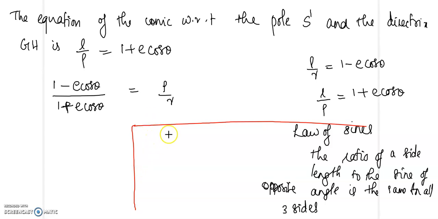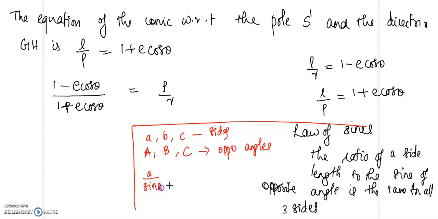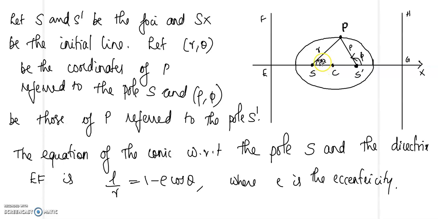Okay. So if you have a triangle ABC, where a, b, c are the sides, and capital A, capital B, capital C are the opposite angles, then the law of sines states that a by sin A will be equal to b by sin B equal to c by sin C. So when you take this triangle SS dash P, rho by sin theta will be equal to, if this angle is phi, this angle is going to be pi minus phi.